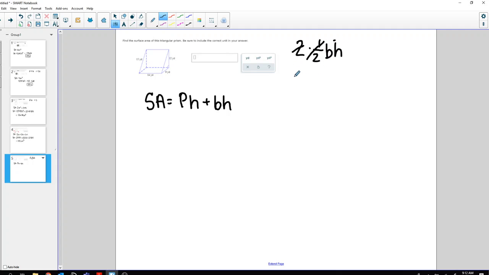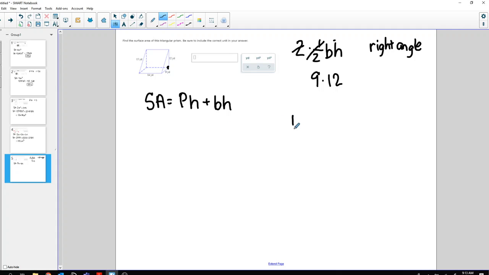When we are looking at base times height for a triangle, we want the two sides that make a right angle, which in this one we have. Otherwise, we would need the vertical height in the middle of the triangle. So if I look down here, I have a right angle. So this is going to be 9 times 12.